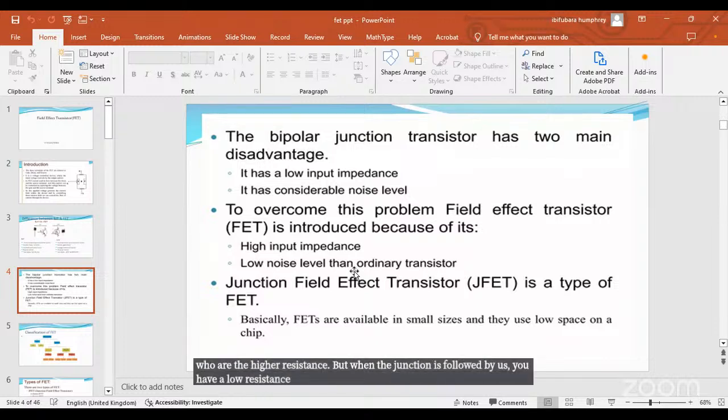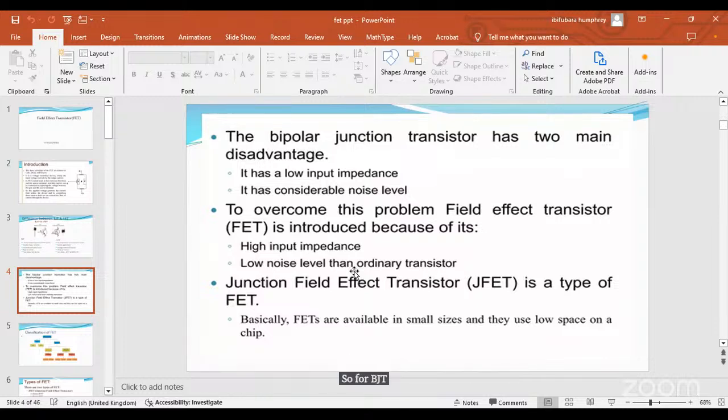So for BJT, the input side is forward bias, and so the resistance there is low. And that also has to do with the noise level. Because of that, it has considerable noise.